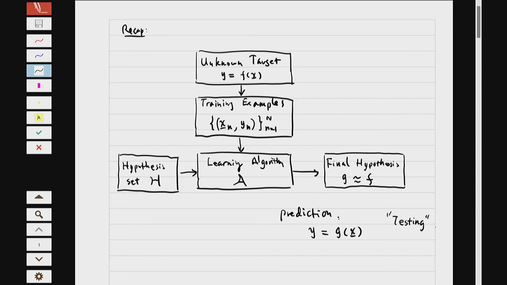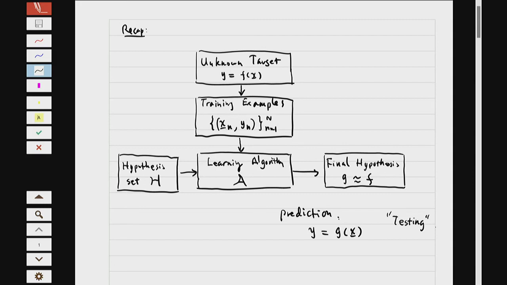So last week we started to talk about machine learning and supervised learning in particular, right? And we had this very nice diagram summarizing what supervised learning is. In supervised learning, what we want is to learn about a target function, which is unknown to us.